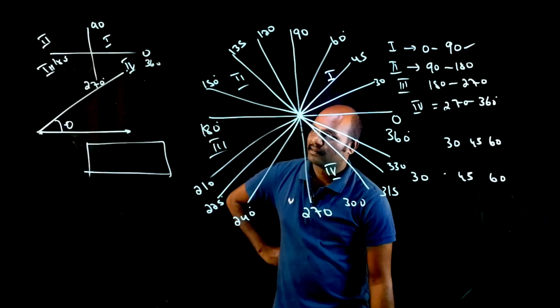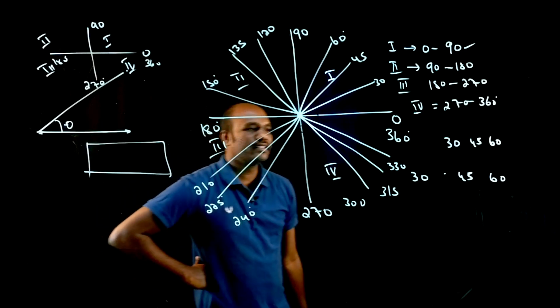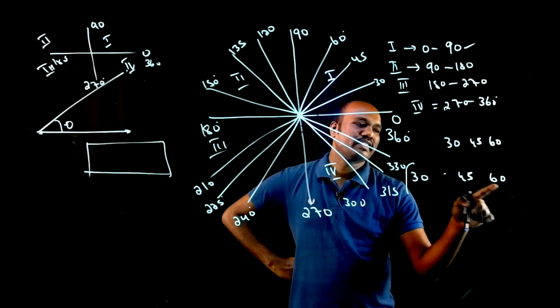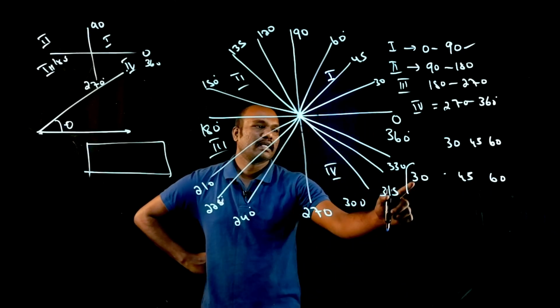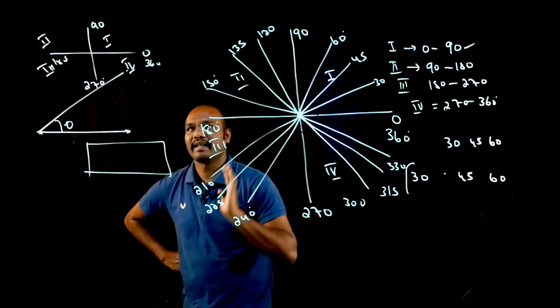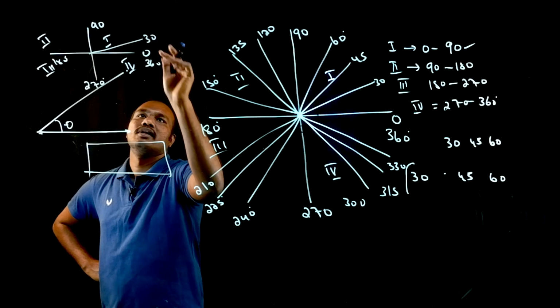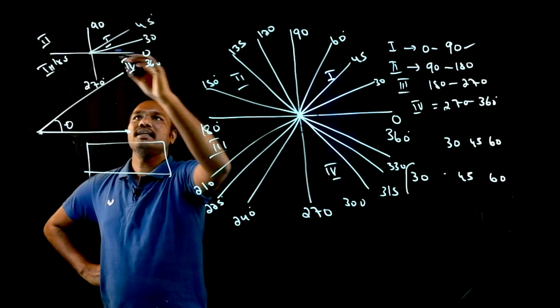Now, the most important angles. How do we know the most important angles? There are 3 angles: 30, 45, 60. These are the most important angles. So it just adds: 0 plus 30, 30. 0 plus 45, 45. 0 plus 60, 60 degree.